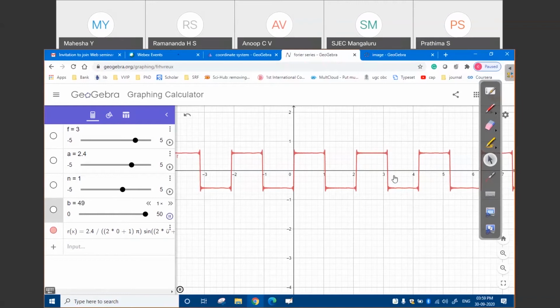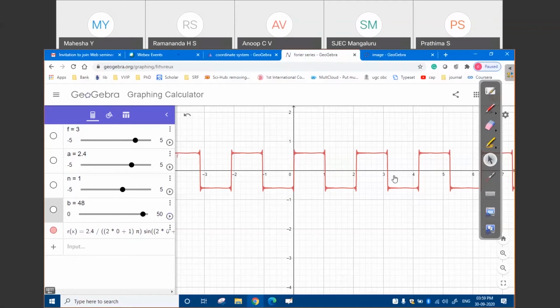So this is how we can demonstrate to students that the square wave can also be written as a sum of sine waves. And one more thing you can observe here is the limitation of digital devices compared to analog devices: to represent a square wave perfectly with a digital device, we have to add many sine waves.